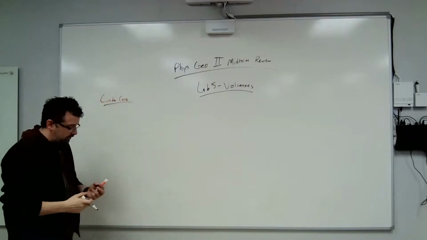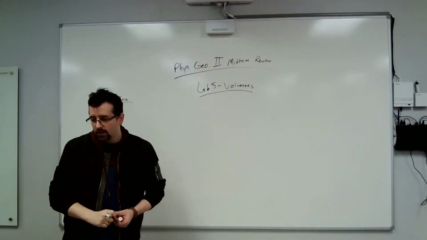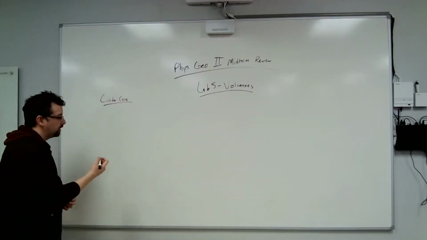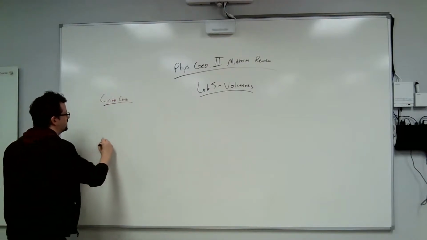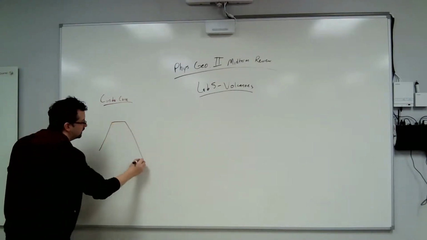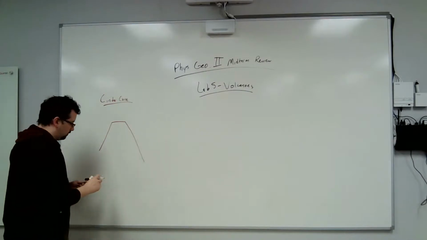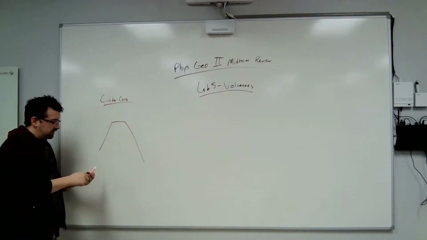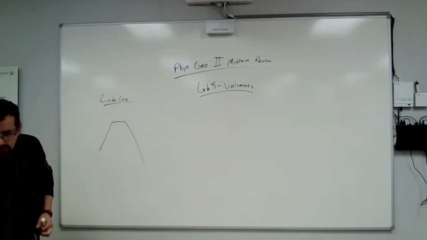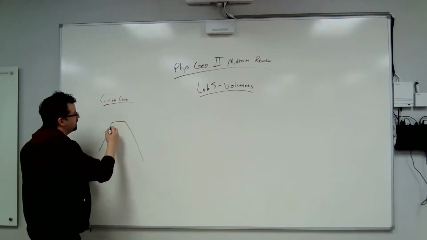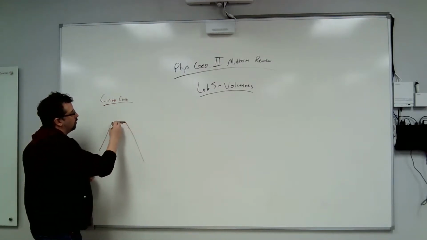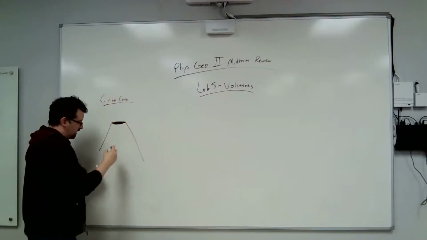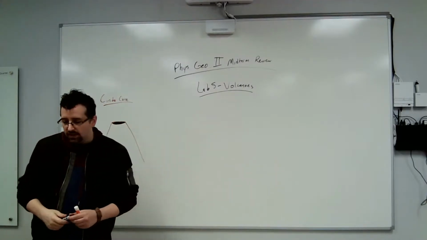Cinder cone. If I asked you to draw a volcano, most likely you would draw something like a cinder cone. You would just give a typical high-sloped mountain with a little part at the top. They are called that because they have a bowl right at the top, and that bowl is generally full of volcanic cinders.